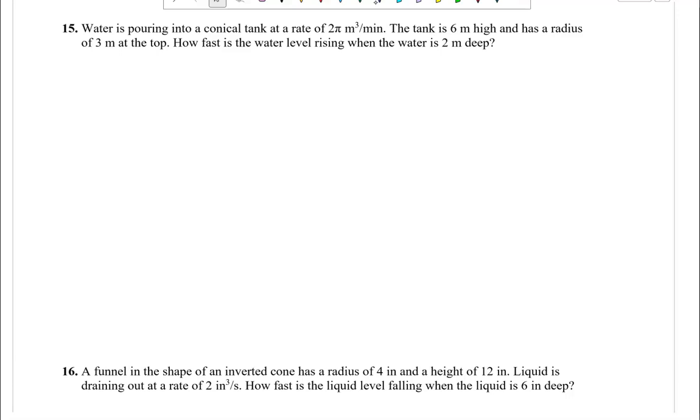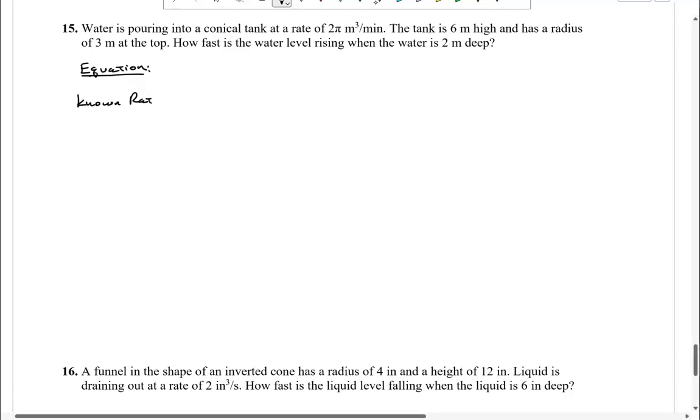Number 15, water is pouring into a conical tank at a rate of 2 pi cubic meters per minute. The tank is 6 meters high and has a radius of 3 meters at the top. How fast is the water level rising when the water is 2 meters deep? So here's our conical tank.